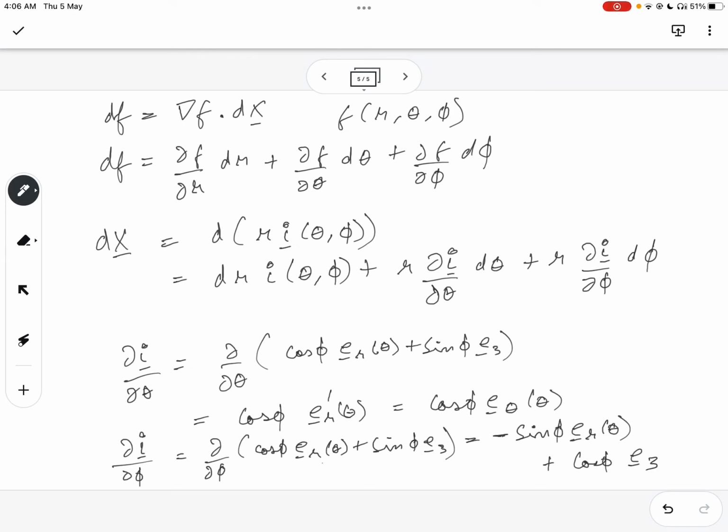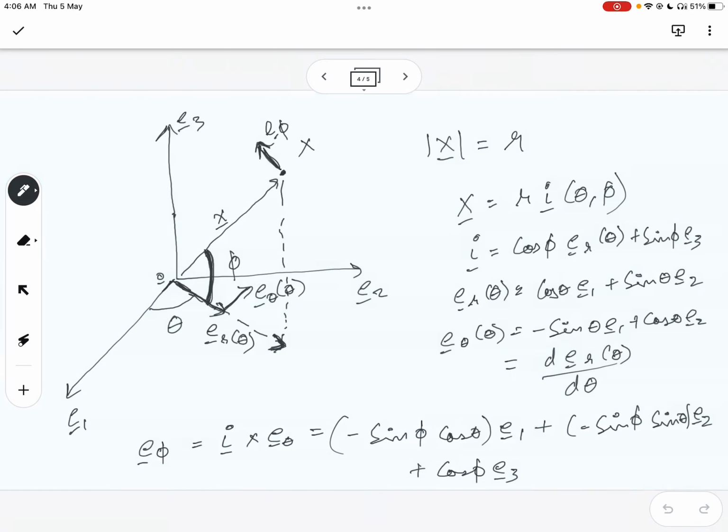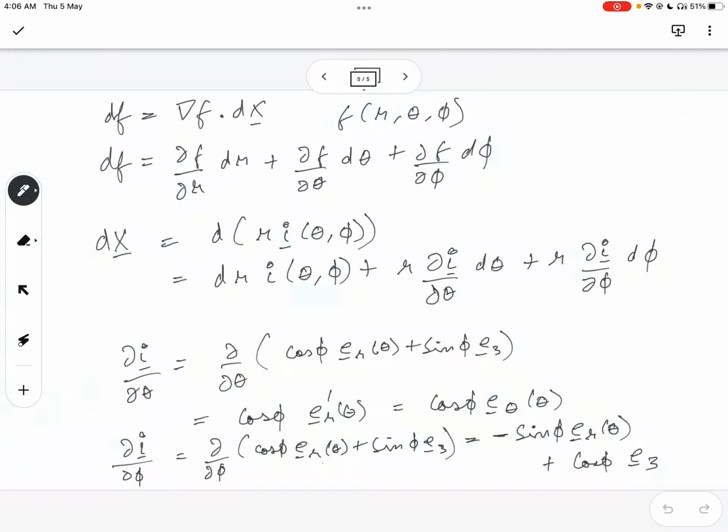So if we look at the expression of e phi, this sin phi and this sin phi can be taken to be common. So this becomes minus sin phi into cos theta e1 plus sin theta e2. Cos theta e1 plus sin theta e2 is nothing else than e r theta. So e phi is minus sin phi e r plus cos phi e3, which is what we have obtained here. So this quantity is equal to e phi.